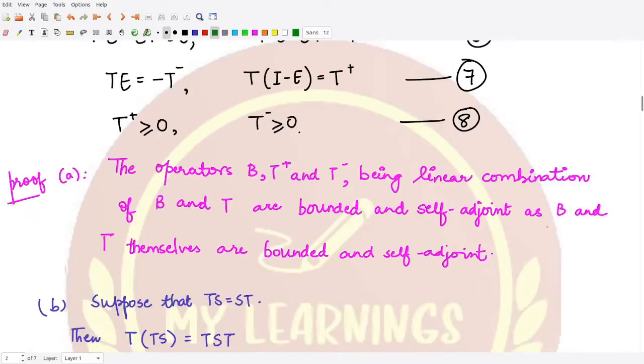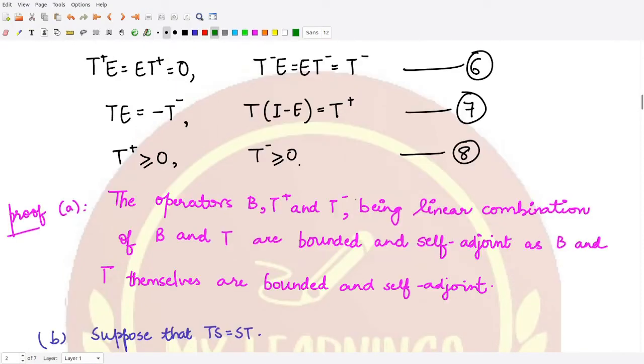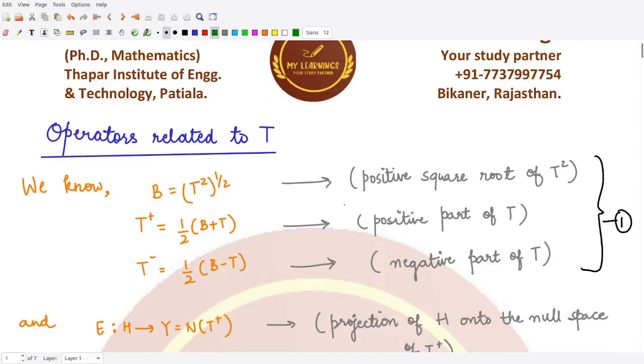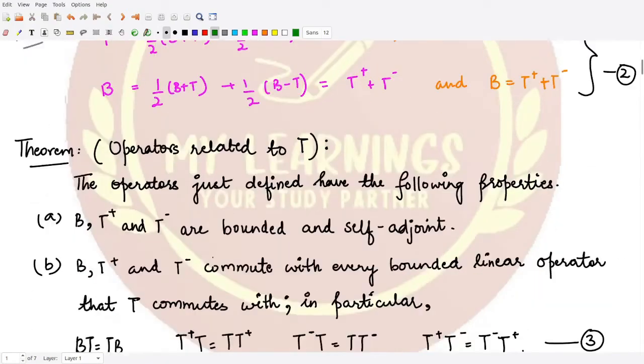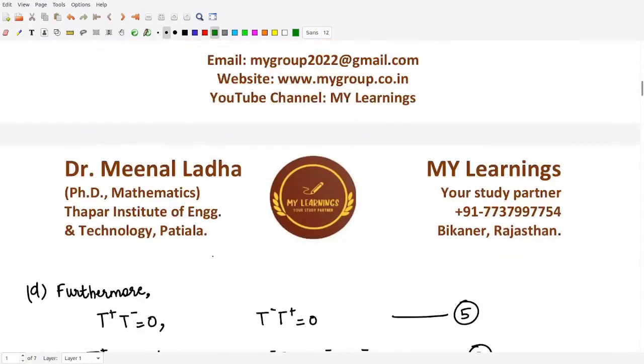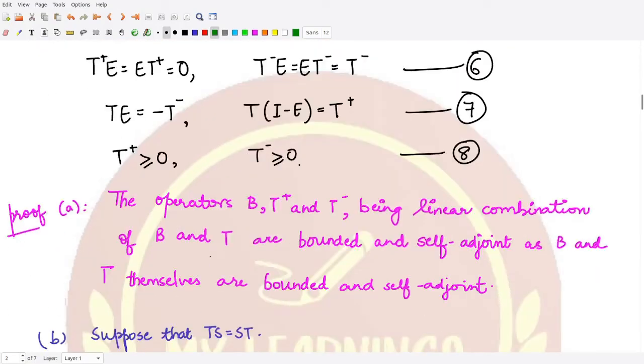For the first part, what are the operators B, T positive and T negative? They are linear combinations of the operators B and T. Let's have a look how. B is the positive square root of T square. T positive is half times of the operator B plus T, and T negative is half times of the operator B minus T. So all three, B, T positive and T negative, are linear combinations of the operators B and T, and hence they are self-adjoint and bounded.